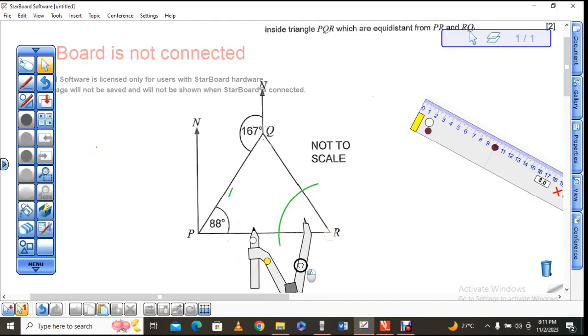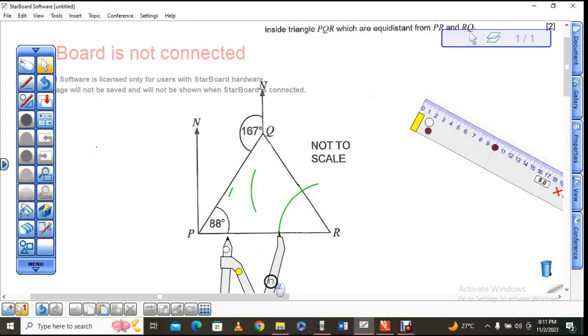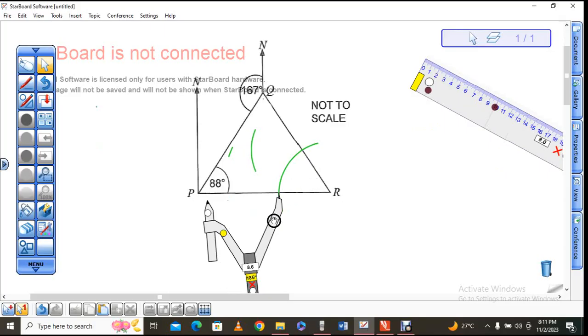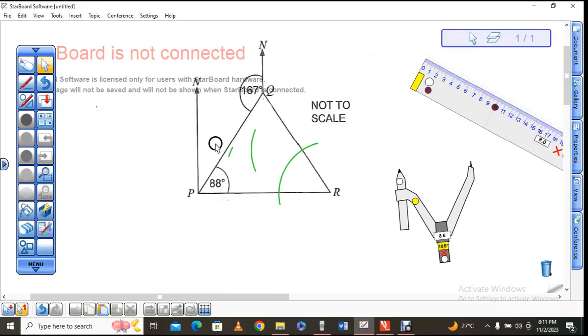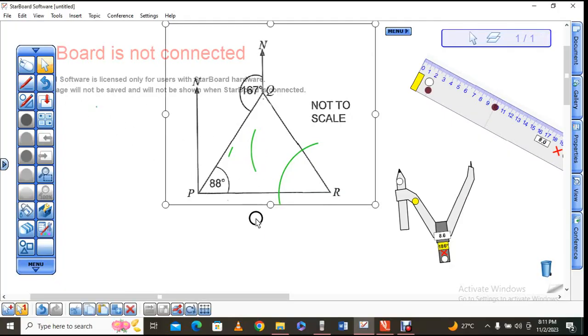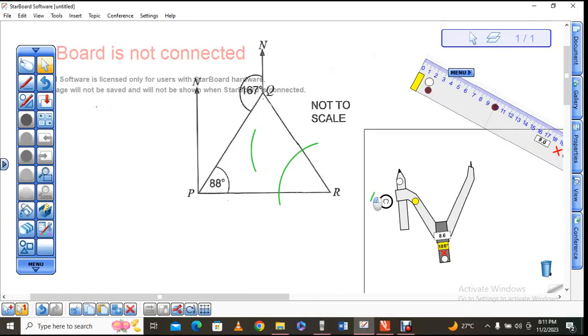You follow? Then I'll take my same compass and I put it over here. Now, you can adjust this one if you want to, or you can use the same. I'm going to use the same. And then I put it over at the other end. Okay, my goodness. So now I have changed something.